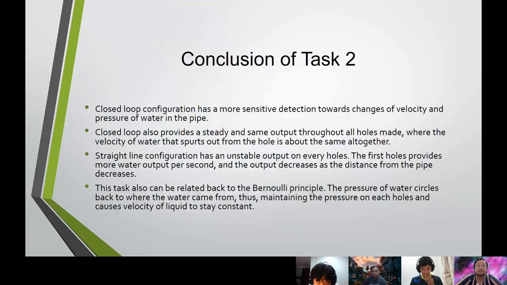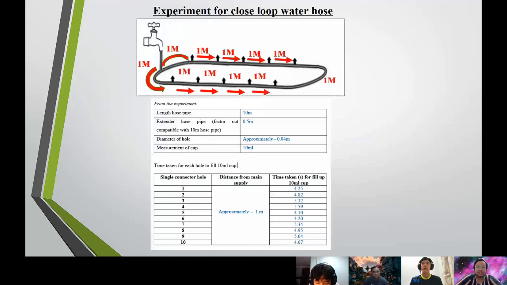So to conclude, for task 2, the closed loop configuration has more sensitive detection towards changes of velocity and pressure of water in the pipe. Also, closed loop provides a steady and same output throughout all the holes that are made, where the velocity of water that spurts out from each hole is about the same, as we can see in here.